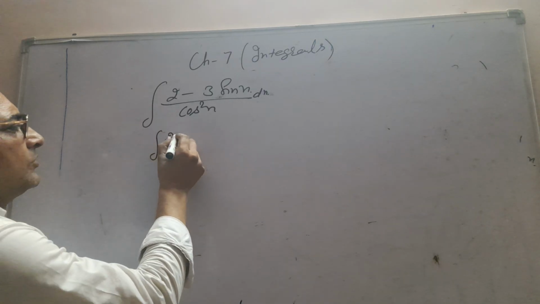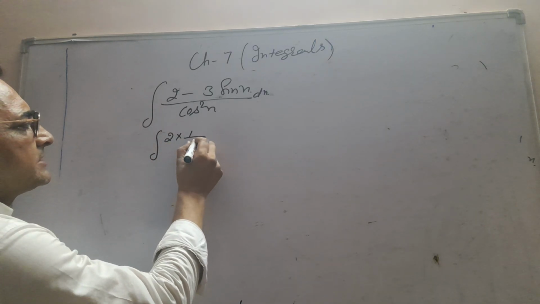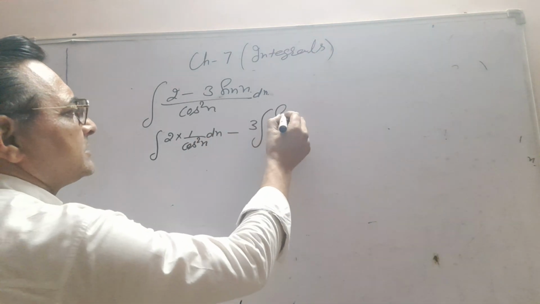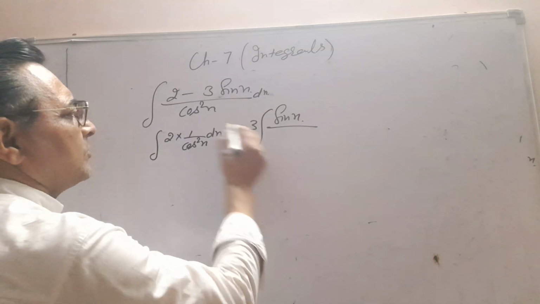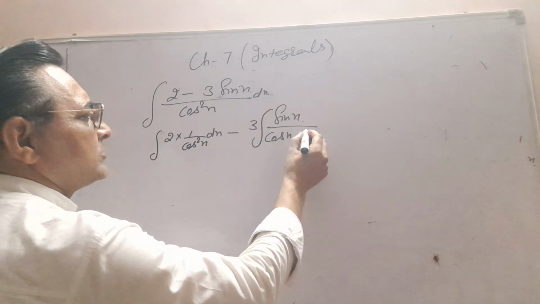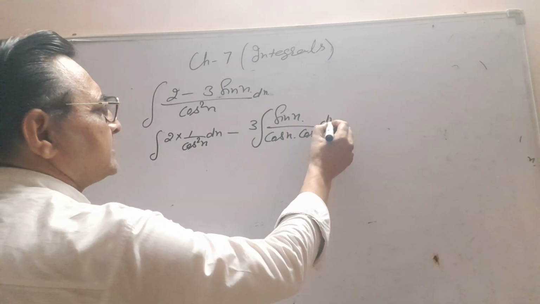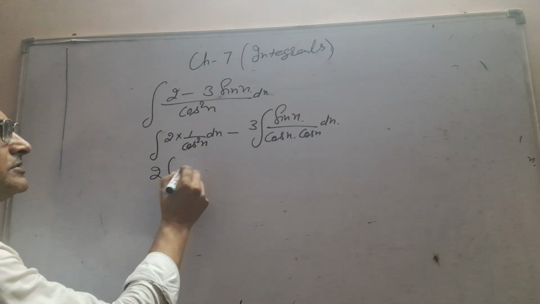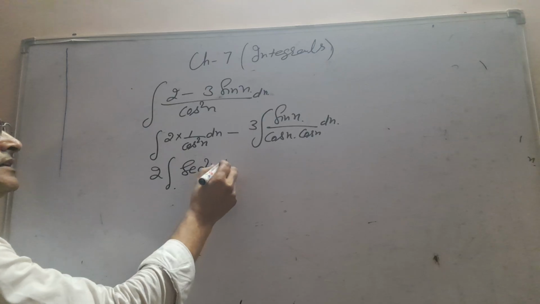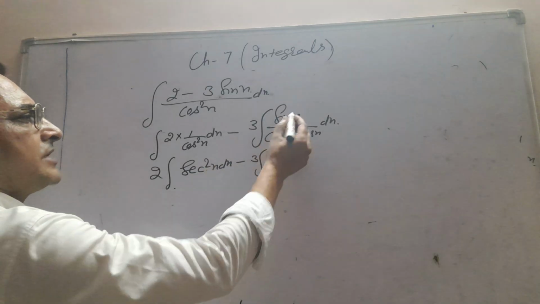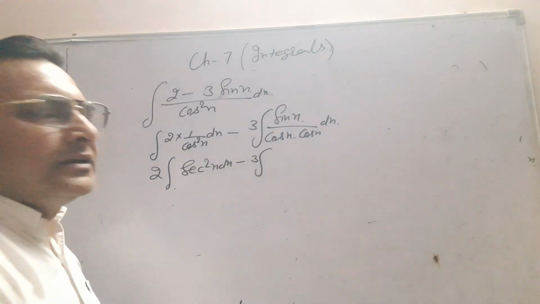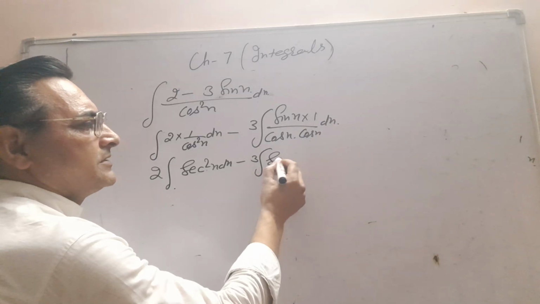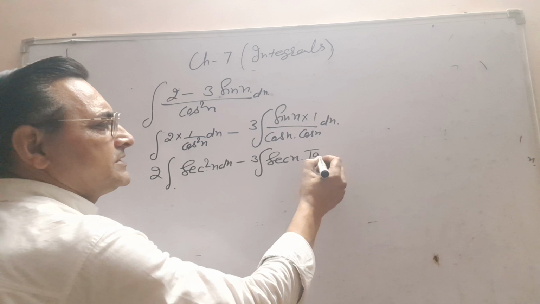I will write here 2 into 1 by cos square x into dx minus 3 into sin x upon cos square x, which I can write as 1 by cos x times sin x by cos x, into dx. 2 is the constant, you can take it outside. 1 by cos square is secant square x. Sin by cos is tan x, and 1 by cos is secant x.